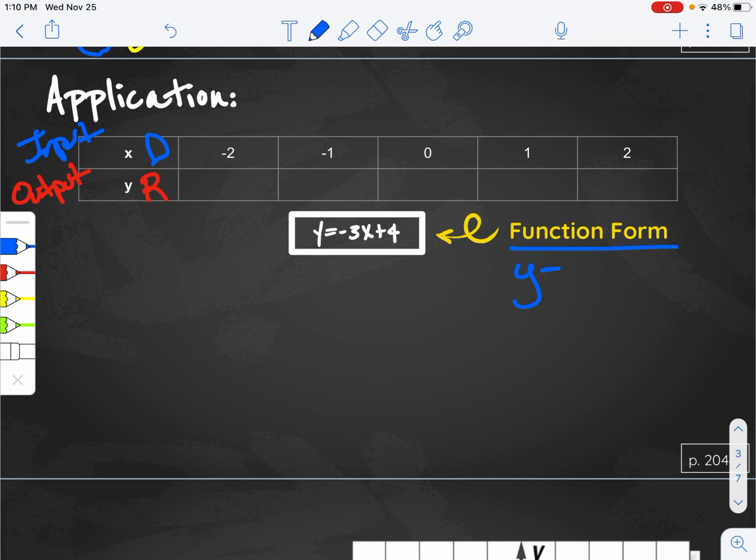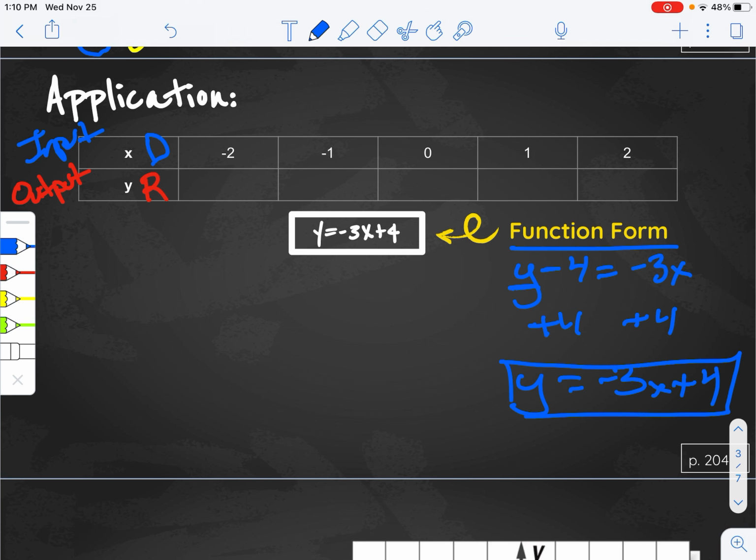If this was written as y minus 4 equals negative 3x, it would not be in function form. We would have to solve for y to get it into function form. We would just add 4 to both sides, and we would get y equals negative 3x plus 4. And this, again, would be in function form.